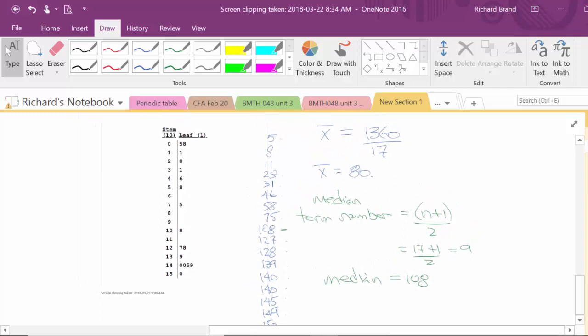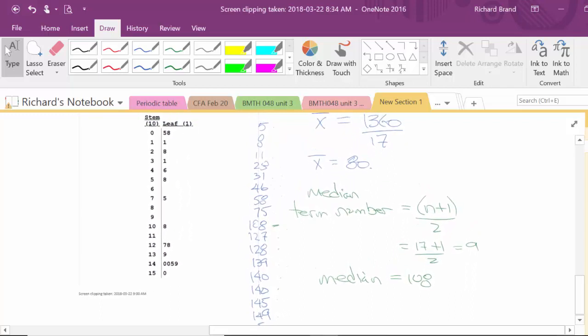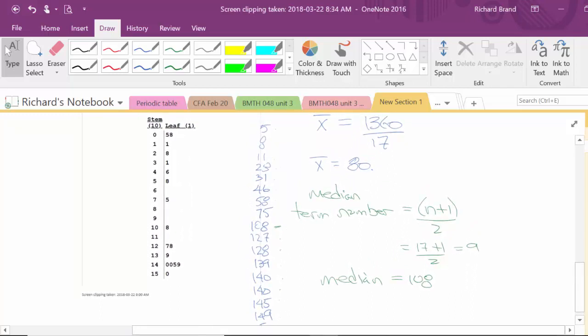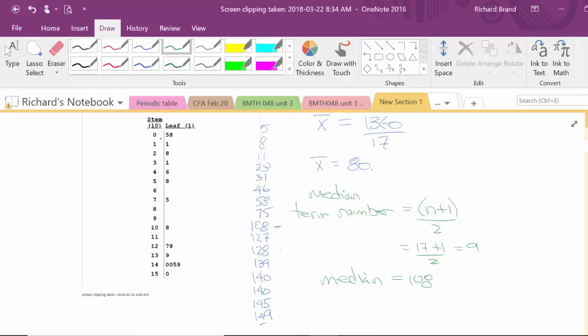Well, I had to make a prediction, and my prediction was that because of the distribution being skewed down to the tail end, the mean will be pulled more in that direction because of the skewing that's occurring down here.